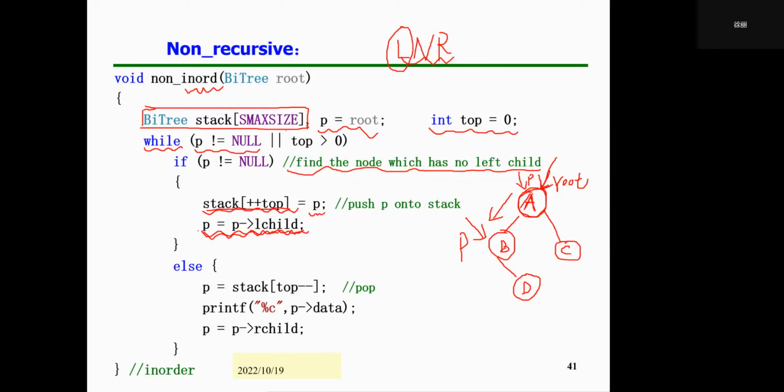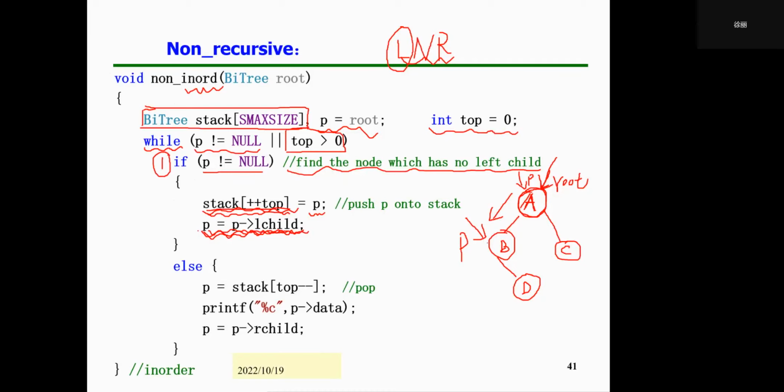Of course, now we don't know, we need to write top is greater than 0. So we can just say, while P is not null, we modify P to be P's left child, and we store the nodes which we can visit later, right? And if P is not null, we will go left.